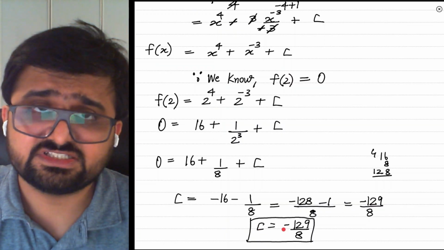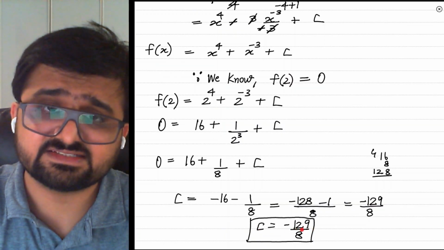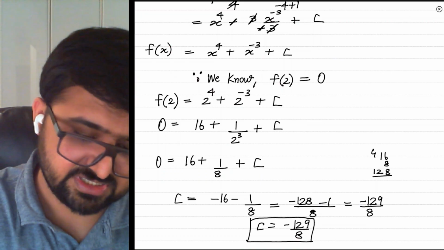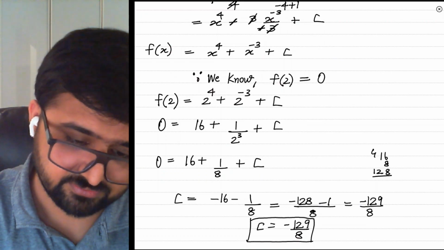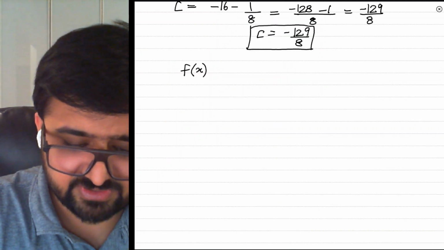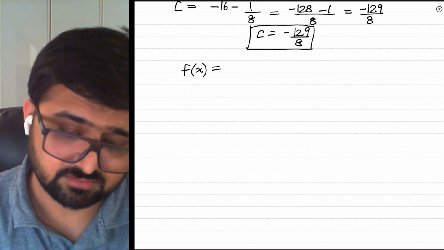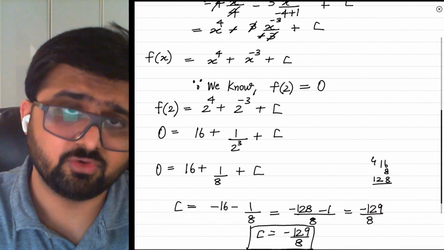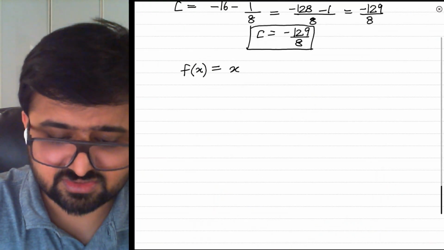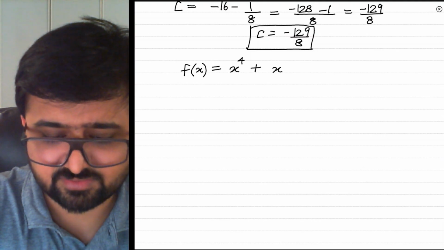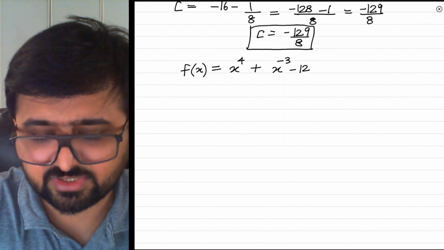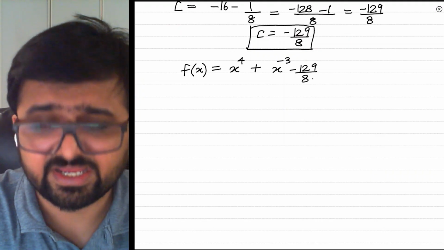Now since you found c, we can just substitute that c in your function f of x. So eventually, your final result is f of x is equal to x to the power 4 plus x to the power minus 3 plus c, which is minus 129 over 8.